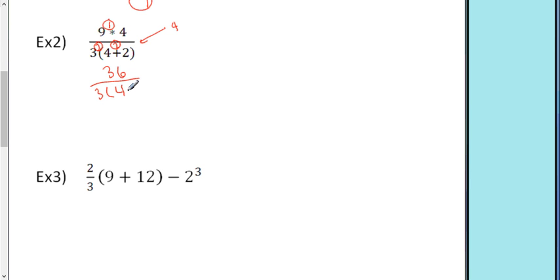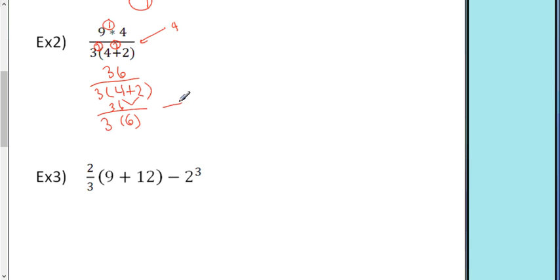One step at a time will keep you out of trouble. If you try to do multiple steps at a time, you're probably going to make a dumb mistake. All right, we did step 1, now do step 2. We add, right? 4 plus 2 is 6. So we get 6 times 3, and all of that is over 36. Okay? Now 3 times 6 is 18.